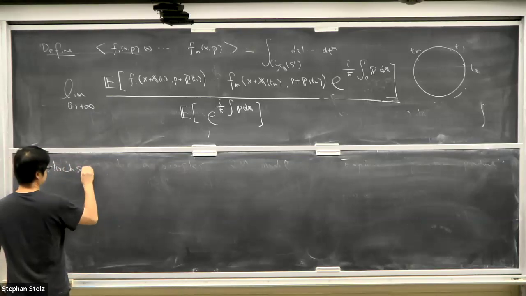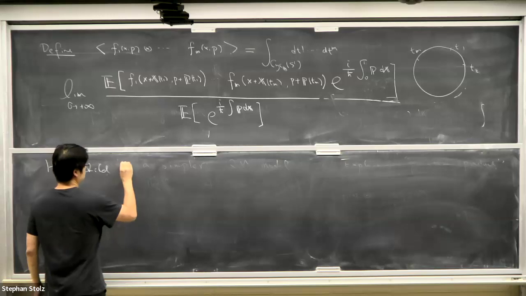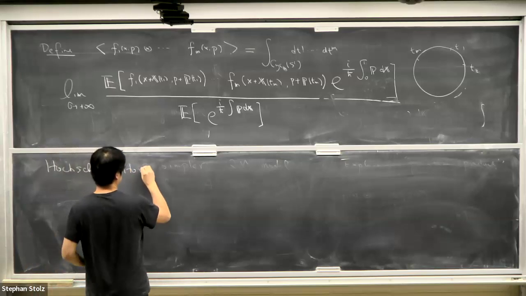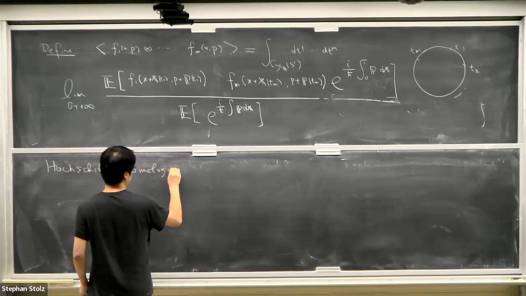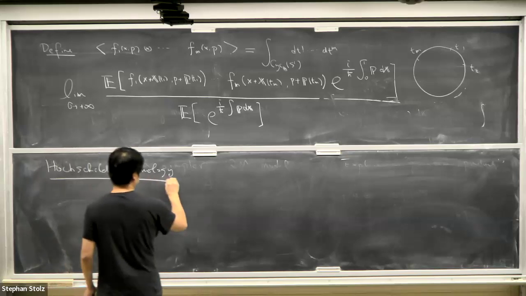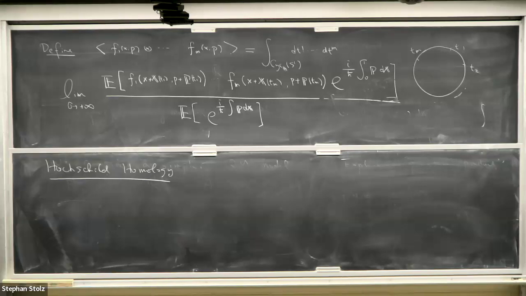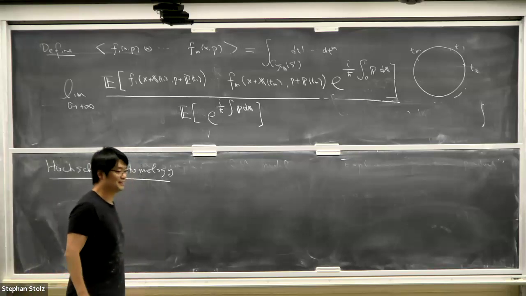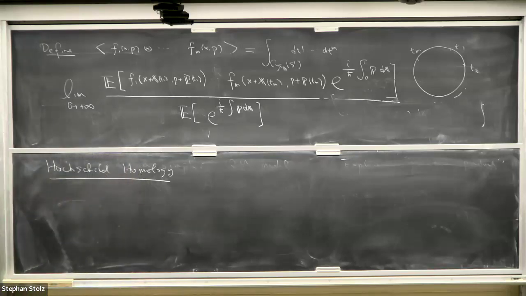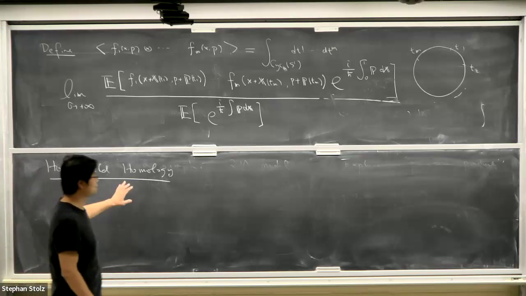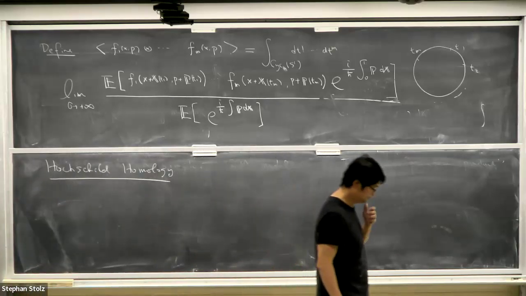It is Hochschild homology. Maybe before you go on, what are the properties of this product? I will show you. It's going to be related to. Okay. You will see this one after I explain this Hochschild homology.